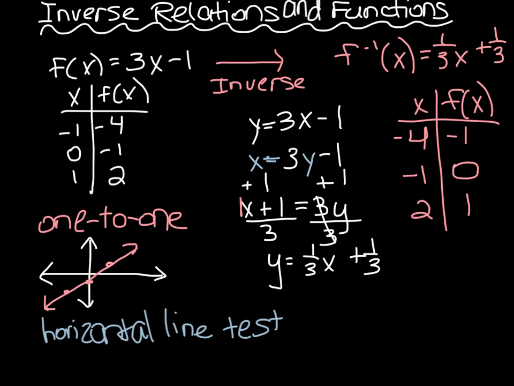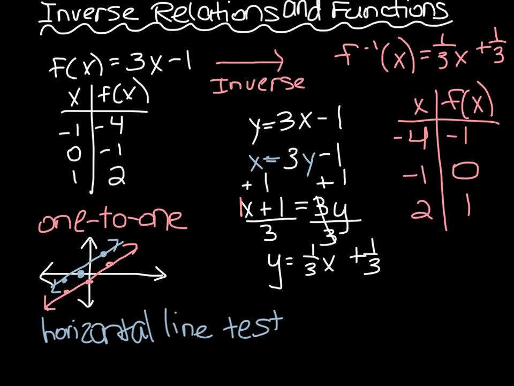Now when I plot my inverse function, that would be -4, -1, -1, 0, and 2, 1. This will again be passing the horizontal line test, so that's also one-to-one.